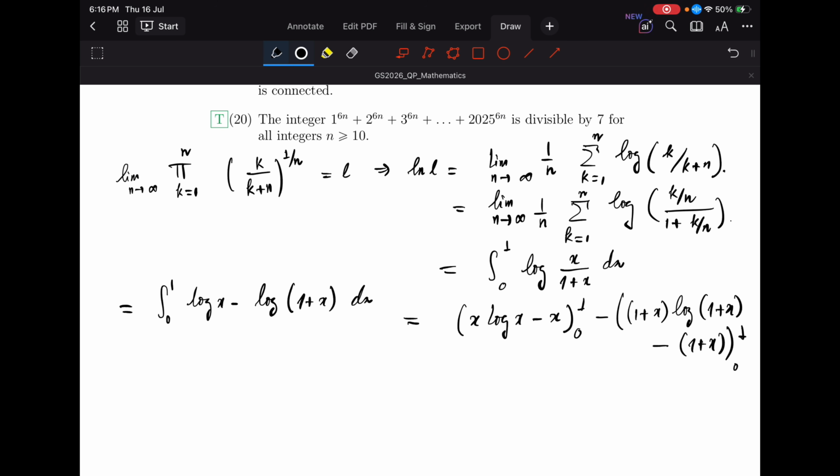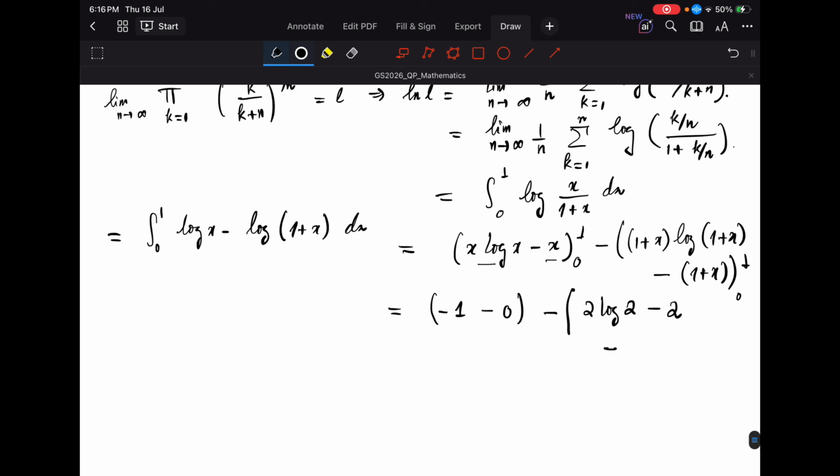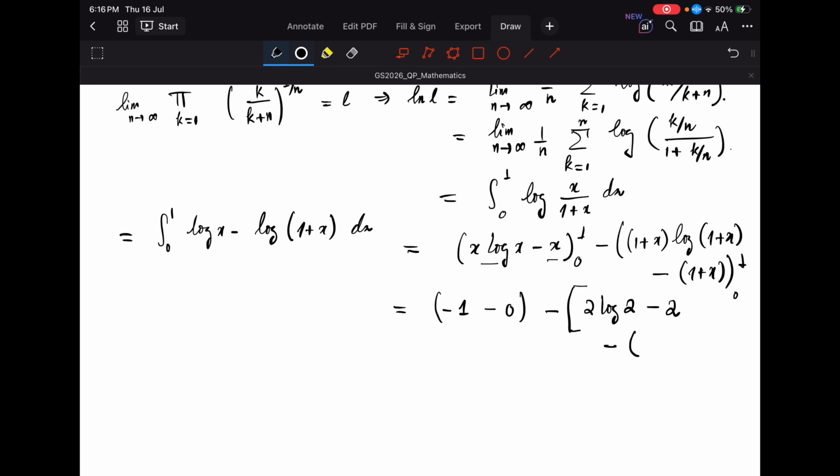All right, so if you put the values, the first part gives minus 1, and at 0 it will be 0. For the second, if you put 1, you will get 2 log 2 minus 2, and minus of minus 1.